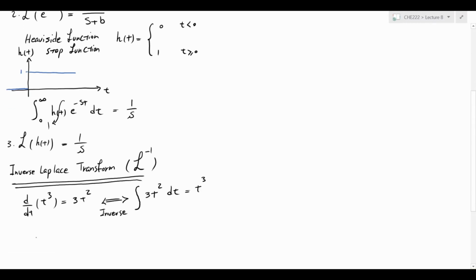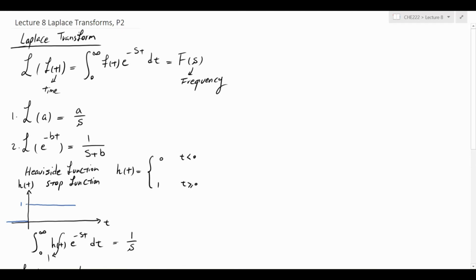The relationship between the Laplace transform and inverse Laplace transform is exactly the same. They are the inverse of each other. In other words, if I go back and, for example, for case number 1, take the inverse Laplace transform of the answer, which is a over s, the result will be the original function a.